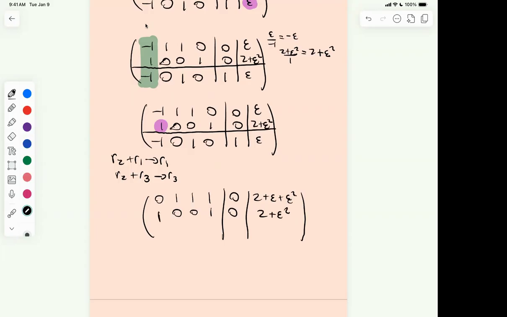And when you add the last two, the second to the third, you get 0, 0, 1, 1, 1, and then you get 2 plus epsilon squared.